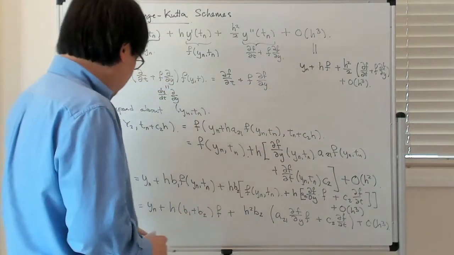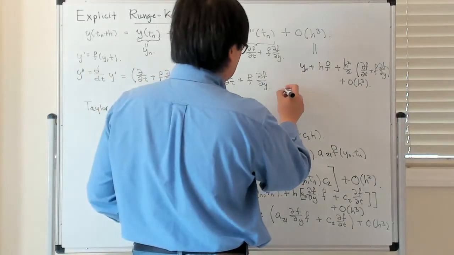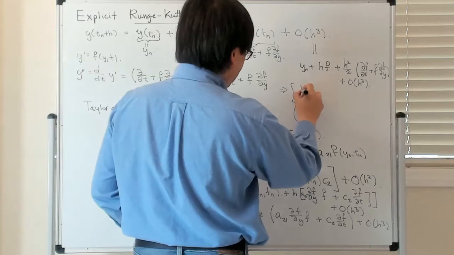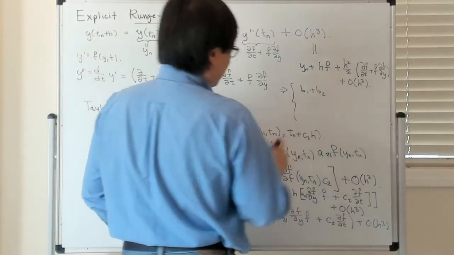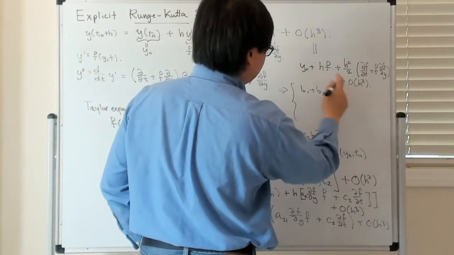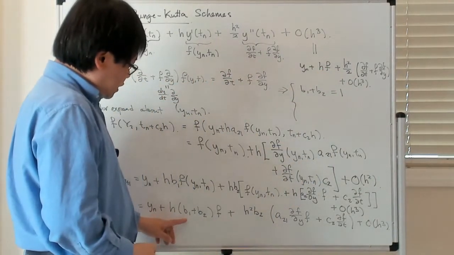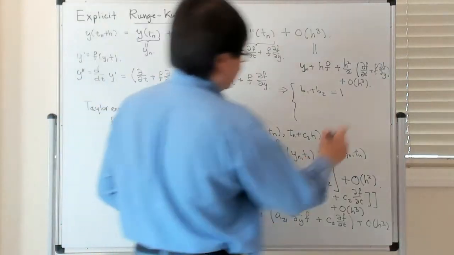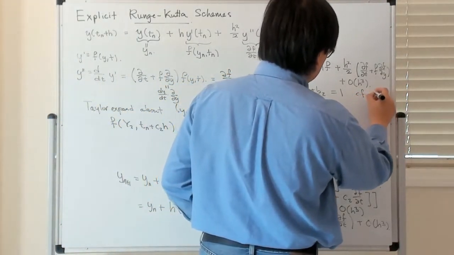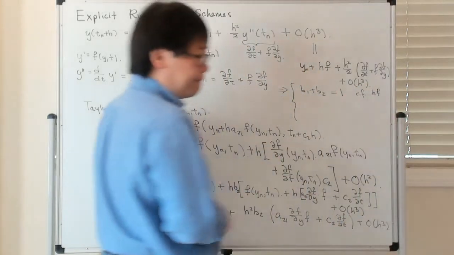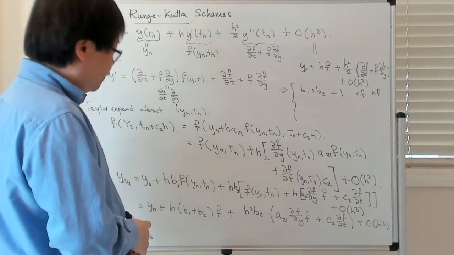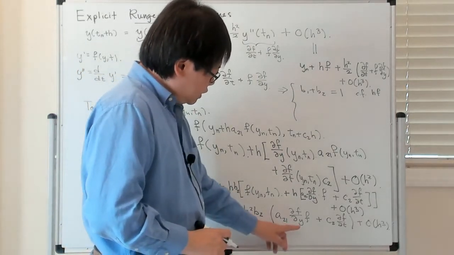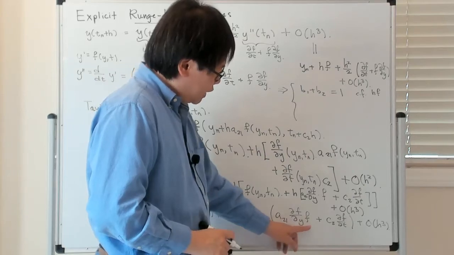There's an f term of order h, which obviously corresponds to the hf term. So the conditions for second order are the following: b1 plus b2 has to equal 1. That's what you get by matching the term involving f times h. Then you also have another condition, which comes from matching the h squared df/dy times f term.